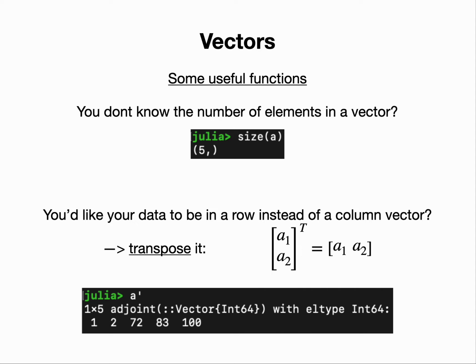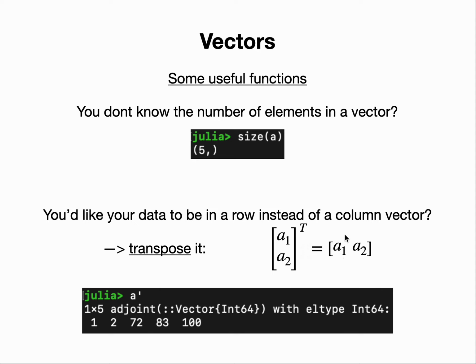So if you want your data to be represented by a row vector instead of a column vector, you can transpose it. You know the transpose? If you have a vector with 2 elements here, and you apply the transpose of it, then it will be basically rotated by 90 degrees.